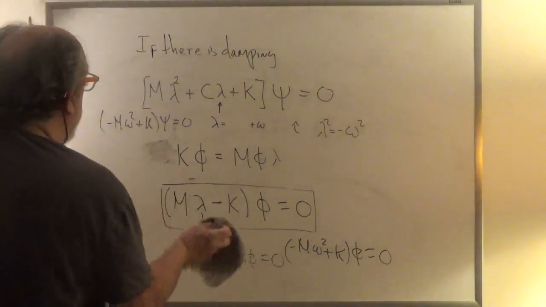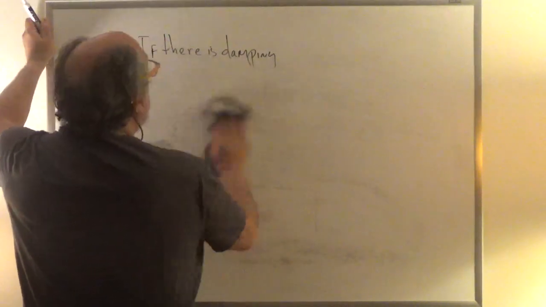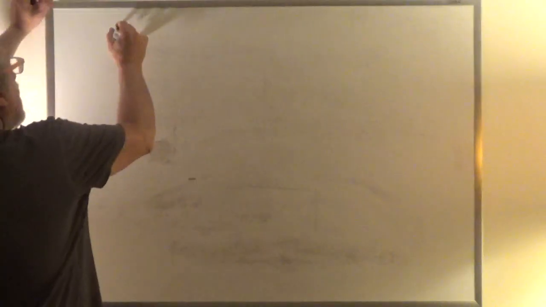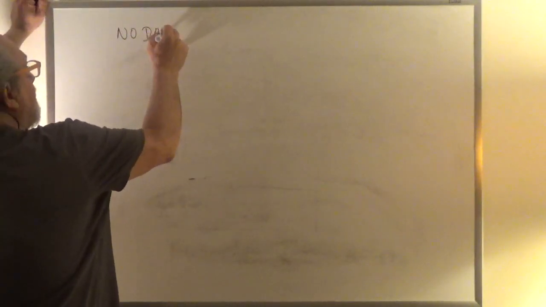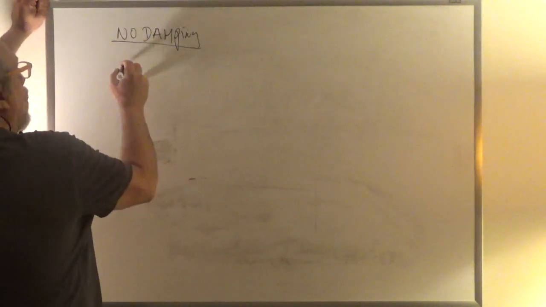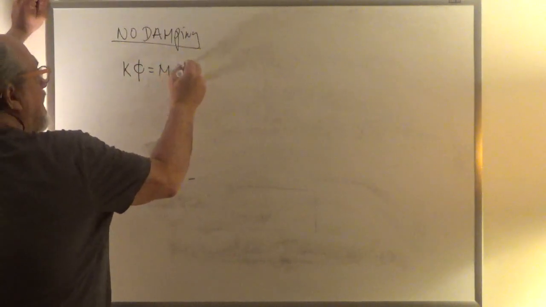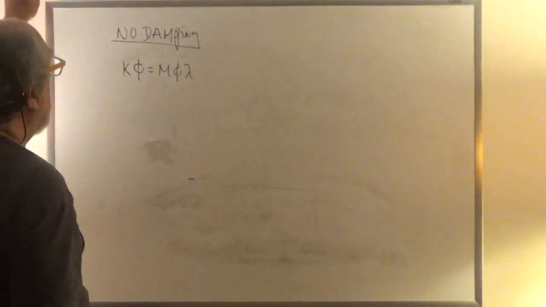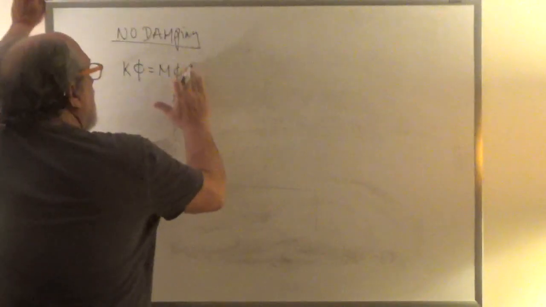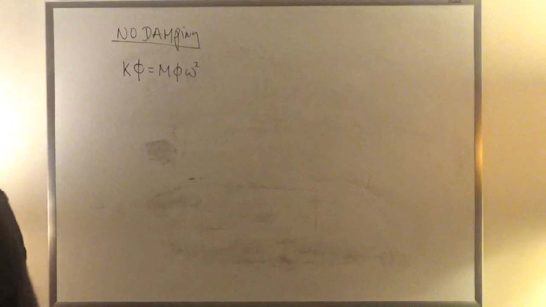So, once again, without teaching this whole structural dynamics class again, because it's not possible, I will summarize here. No damping. We have k times phi is equal to m times phi times omega squared, in the case of no damping.